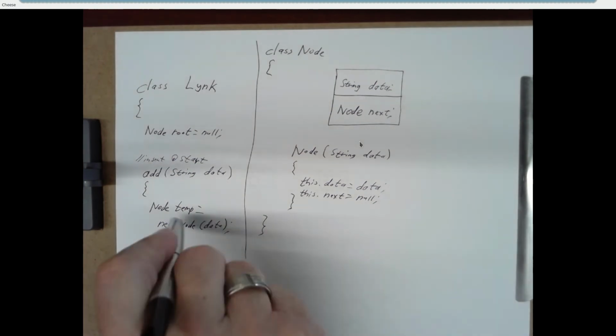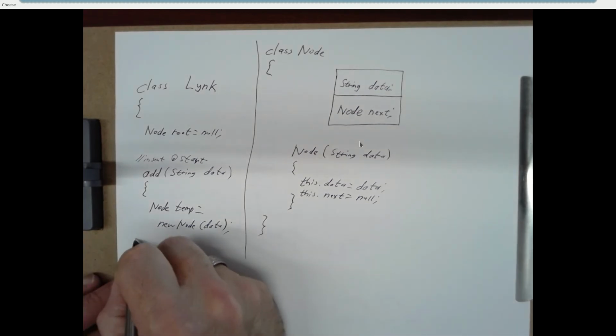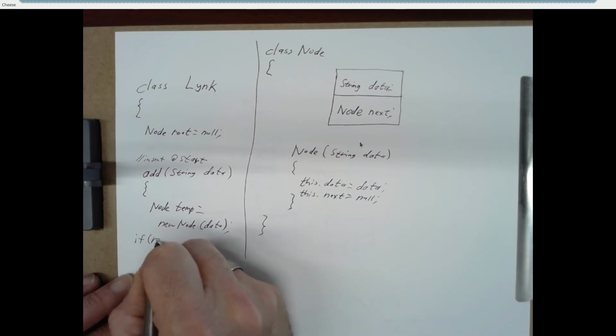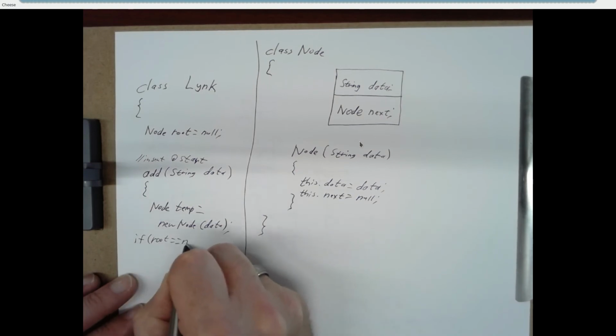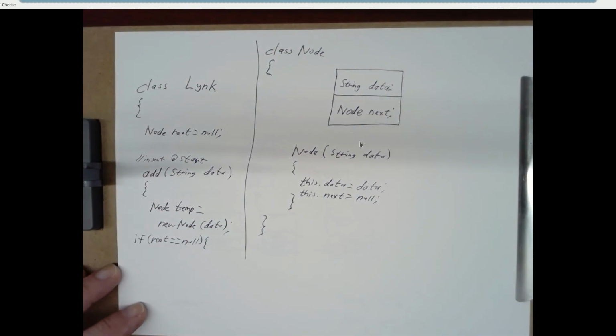Okay, so we construct a new node. We're going to call it temp. And because we don't have a sentinel, there's two cases to worry about. Okay, so if the root is null, then we want to go from an empty list to a list containing just one node, which is this new node that we've just created.